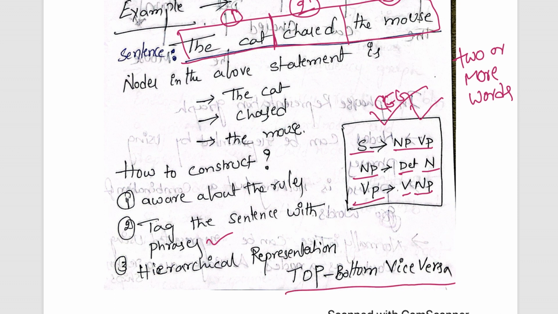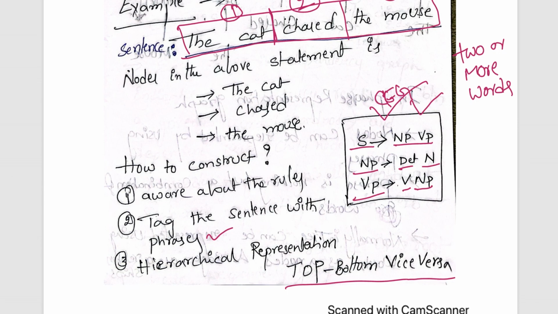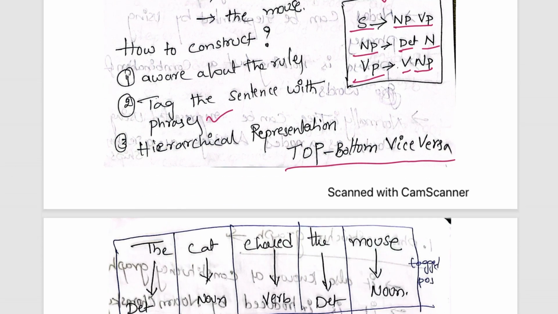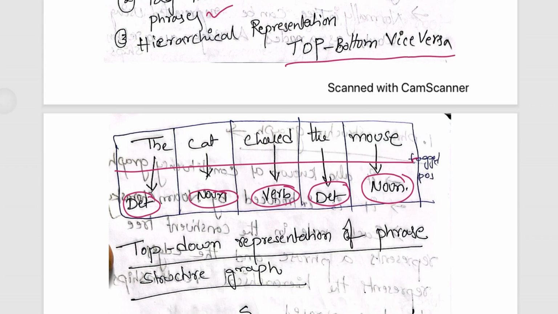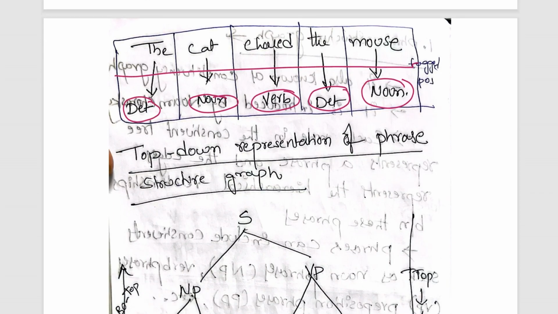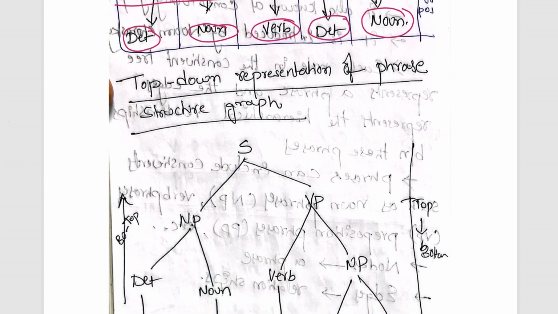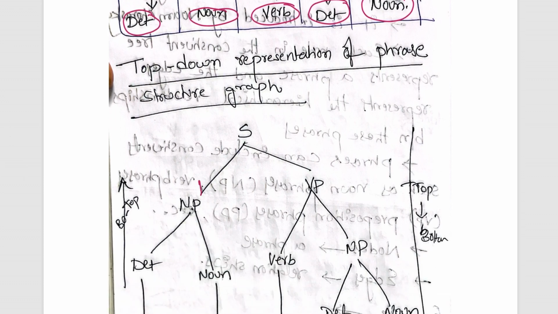Same top down or bottom up parsing we can do. Here the first thing, for the given input sentence, we need to do the parts of speech tagging. The is a determinant, cat is a noun, chased is a verb, and the is a determinant and mouse a noun. This already we know. So now we'll start a top down representation of the phrase structure graph. We need to write the directions.